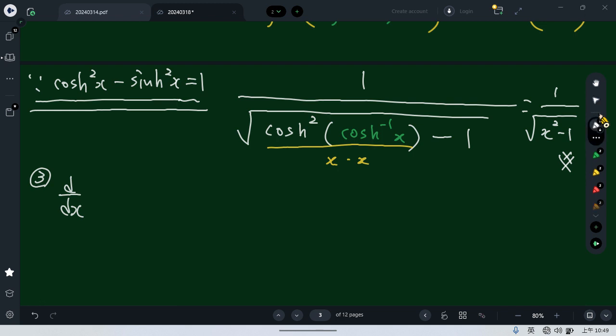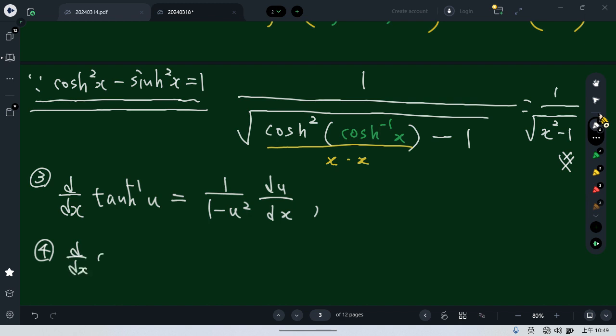I just show you the result here. Hyperbolic it will be 1 over u squared du dx. Then if you focus on this one, hyperbolic cotangent inverse function, then you can get this.